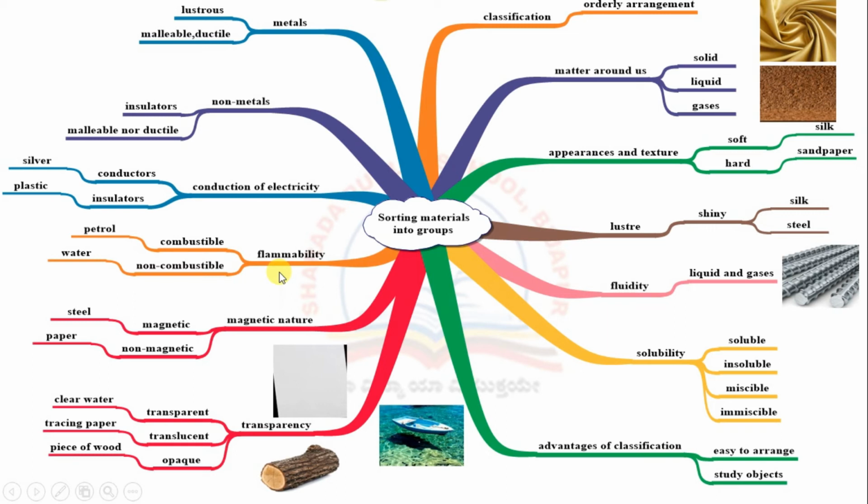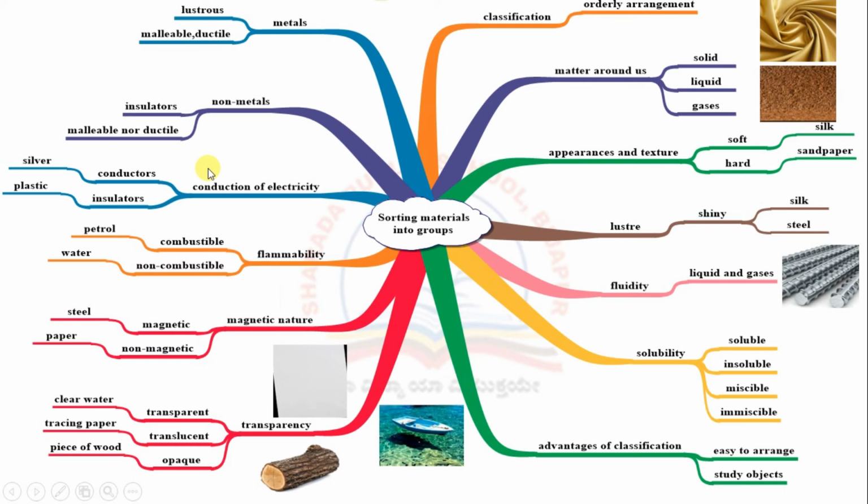In flammability, we can classify the substances into combustible substances and non-combustible substances. Combustible substances are able to catch fire and burn easily. Example, petrol. Non-combustible substances are made of material that does not burn if exposed to fire. Example, water.